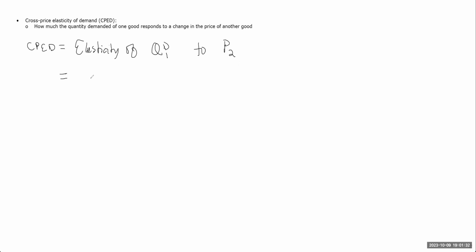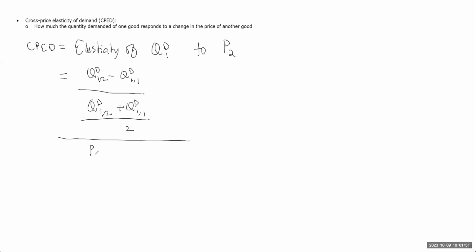This is equal to QD1,2 minus QD1,1 divided by QD1,2 plus QD1,1 over 2, all over P2,2 minus P2,1 over P2,2 plus P2,1 over 2.